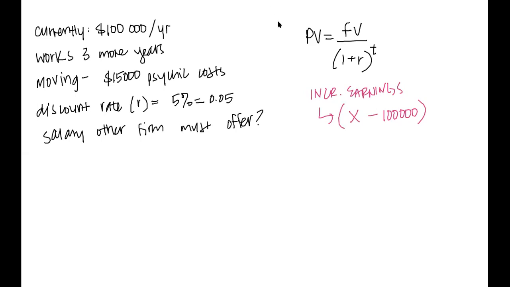So then back to setting up this problem, we'll have 3 periods or 3 terms like we did in the last one, and then we'll factor in the current cost of moving.